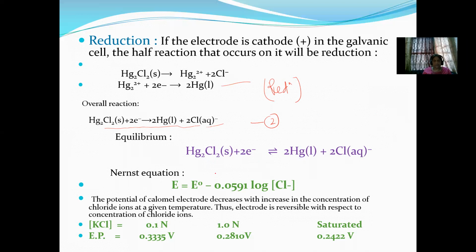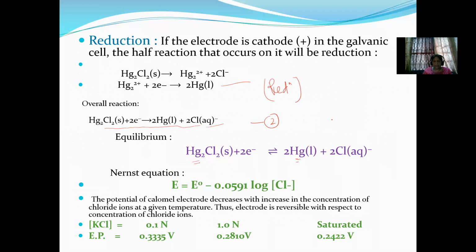So an equilibrium exists on every electrode surface, and you must be able to write that equilibrium. Whenever we talk about electrochemical cells, especially galvanic cells, remember that on every electrode surface there is an equilibrium between the pure metal and the metal ions.